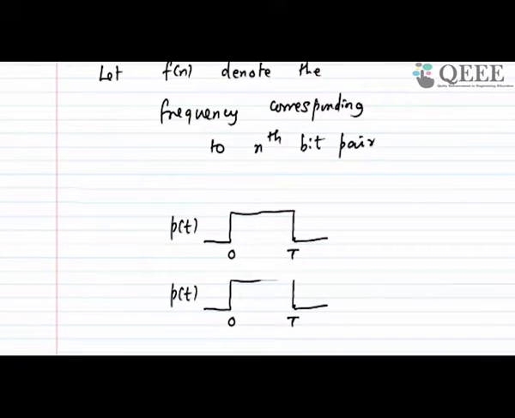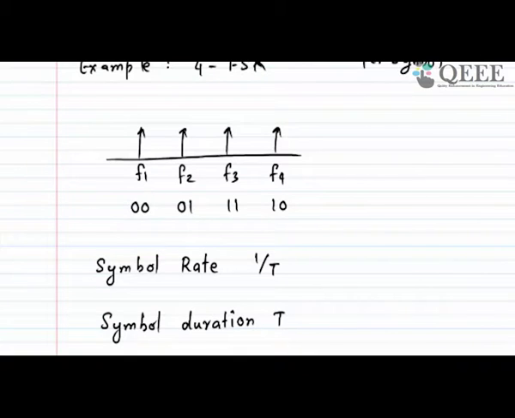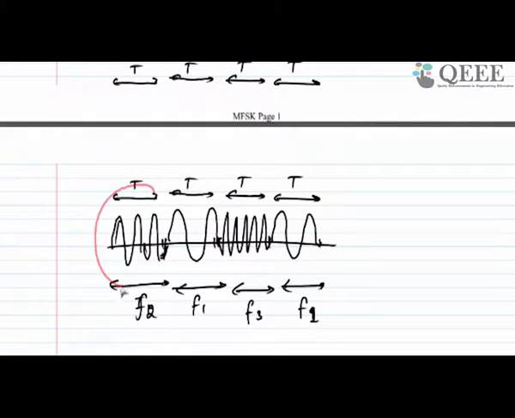How should we choose the frequencies, right? Because you have to choose 4 frequencies here, F1, F2, F3 and F4, and remember that you have only T seconds to transmit the waveform, to indicate the current bit value or a sequence of bit values.